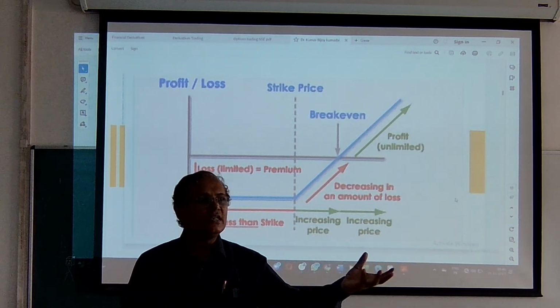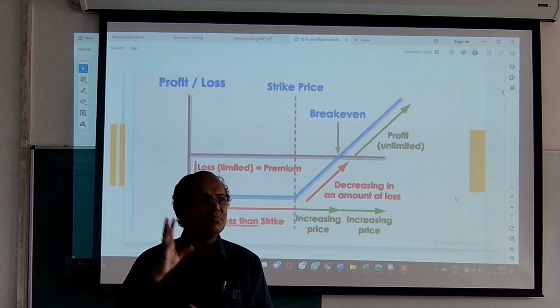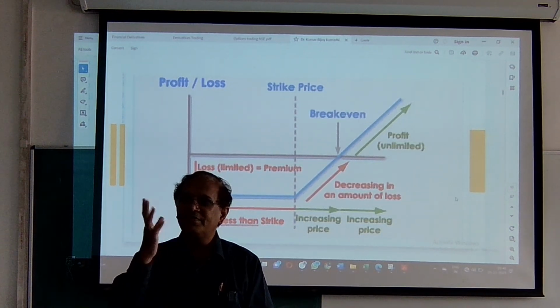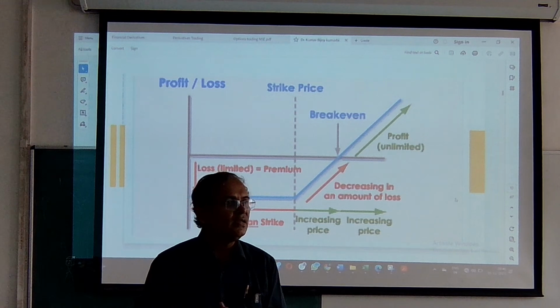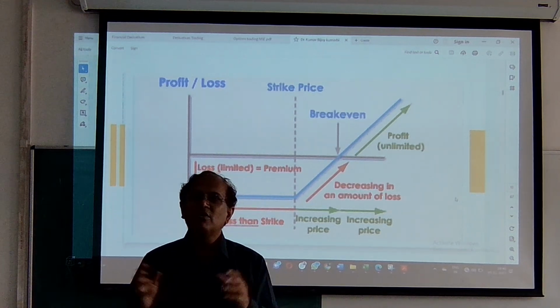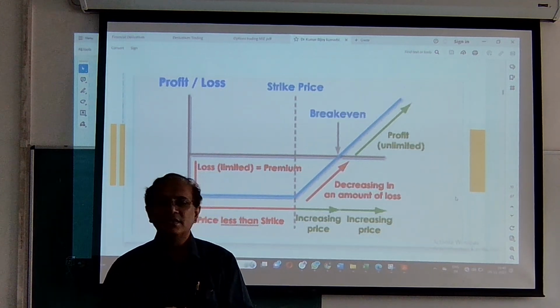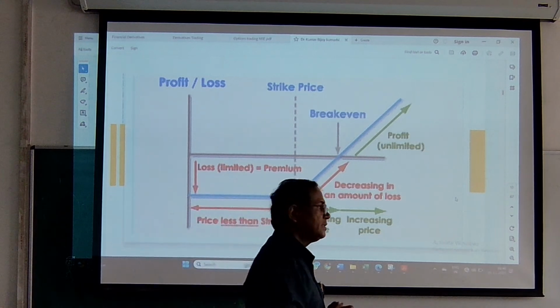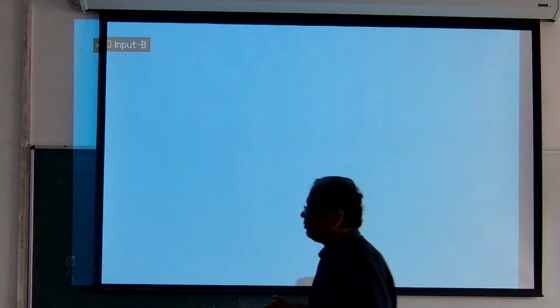You can decide on 83.20 and have a premium of 50, 55, or 60 paisa, something like that. The combinations should be such that they ultimately do not cause any outflow from your pocket. That should be your approach.